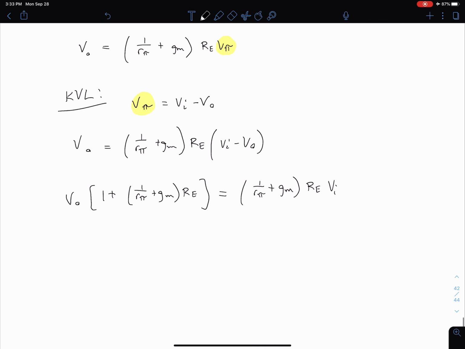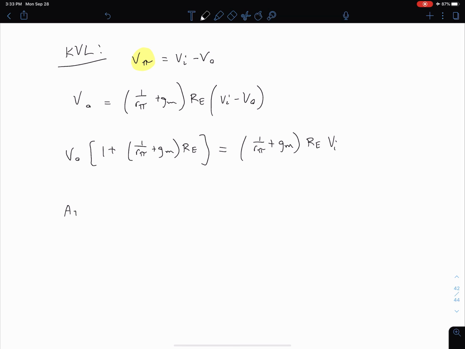Now of course we're just going to find our gain, A sub VF, by finding the ratio of our output to our input. If we do that using that above equation, we get something a little bit messy. In the denominator we have 1 plus 1 over R pi plus GM times RE, and in the numerator we have 1 over R pi plus GM times RE.